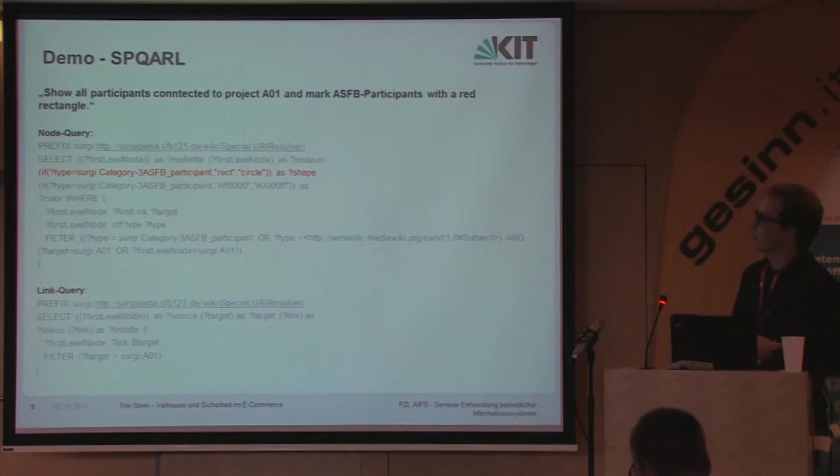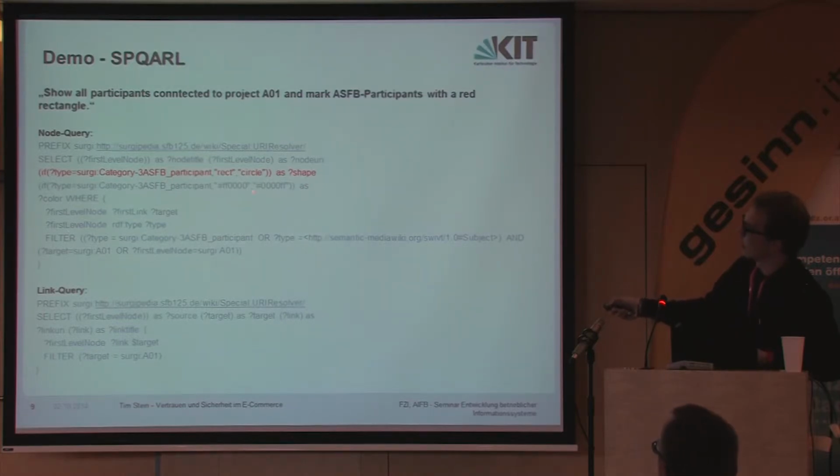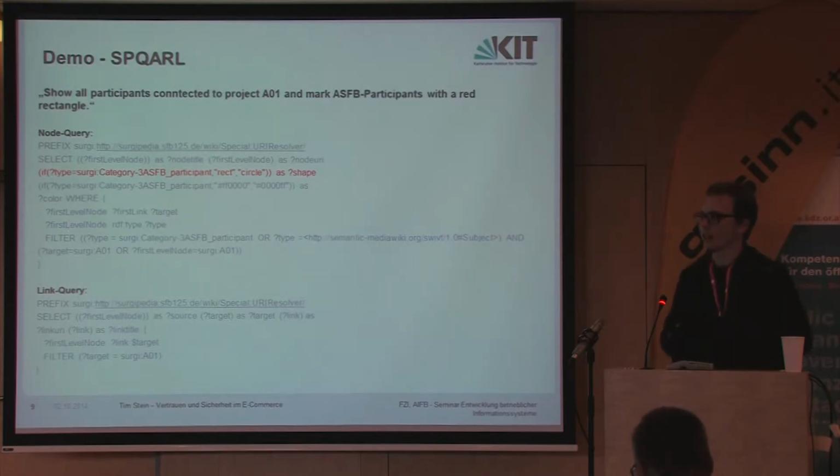A short demo. If you have the question, show all participants connected to the project A01, and mark AIFB participants with a red rectangle, then the query for nodes would be like this. And you see, I can do it with conditions. I can set the color variable, or here at this point the shape, sorry, here's the color, depending on semantic relations, completely with SPARQL, so you don't have to do any configuration or anything.